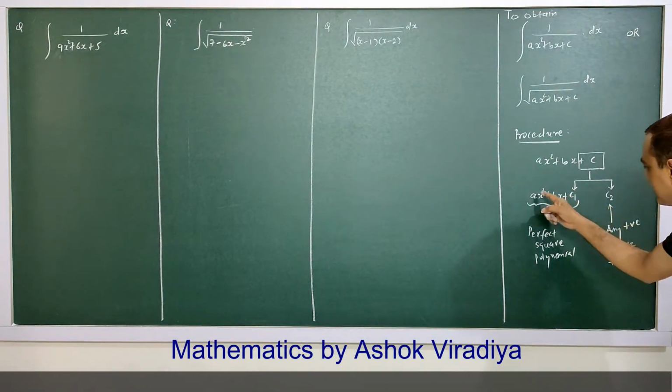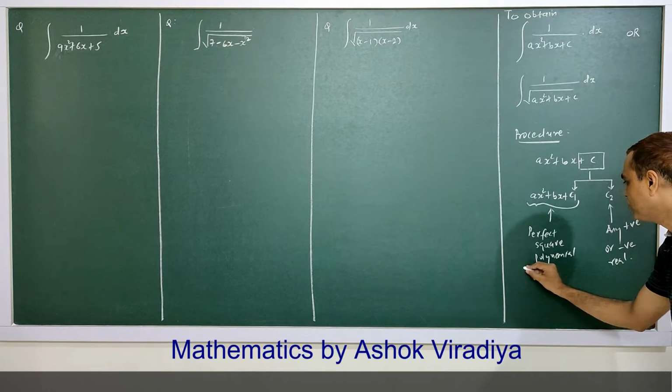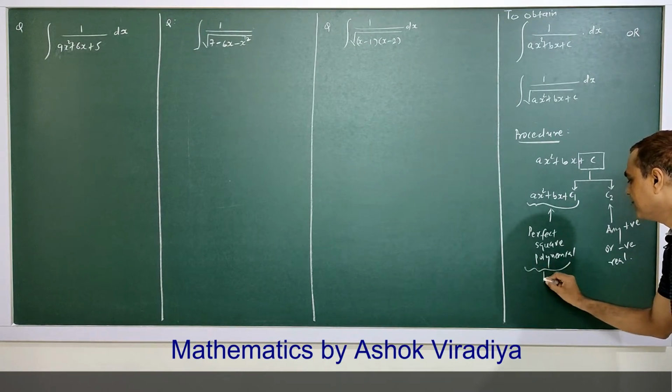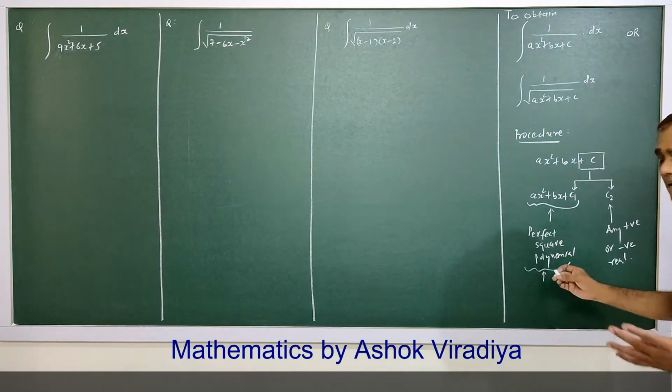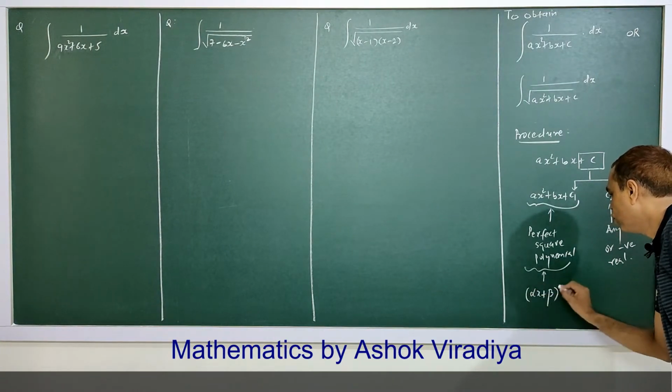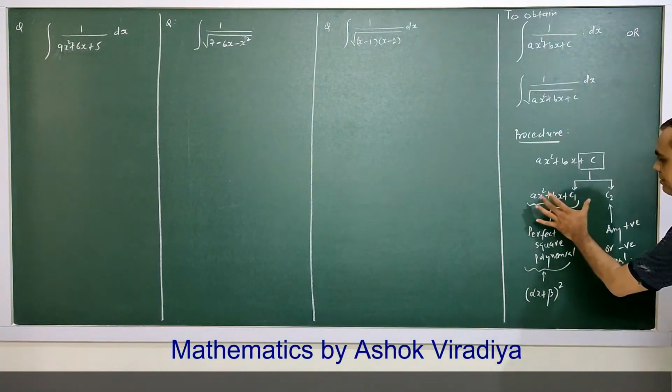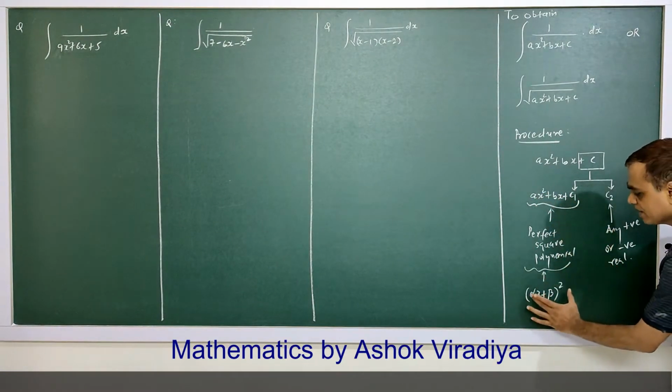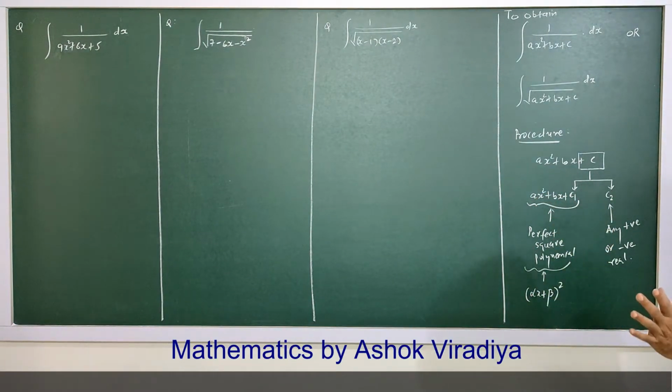Then this will be a perfect square polynomial, something like alpha x plus beta whole square.